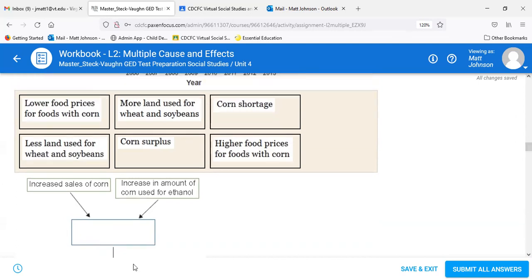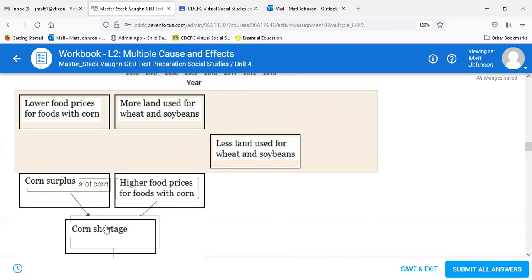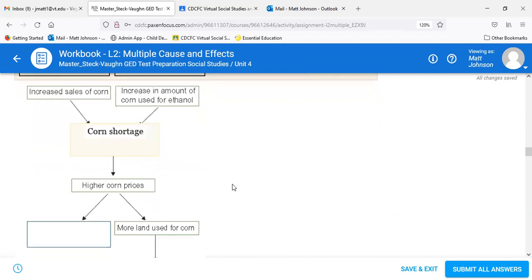Higher food prices or a corn shortage. Yeah, corn shortage, right? So that's first. And then we get to a higher corn price, right? So the price of corn goes up.